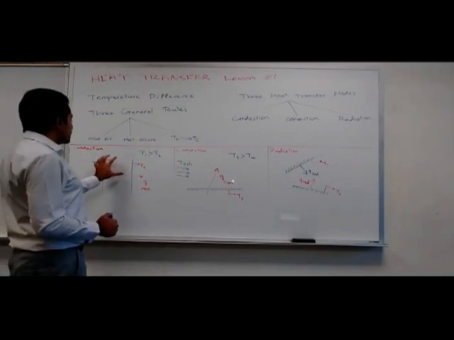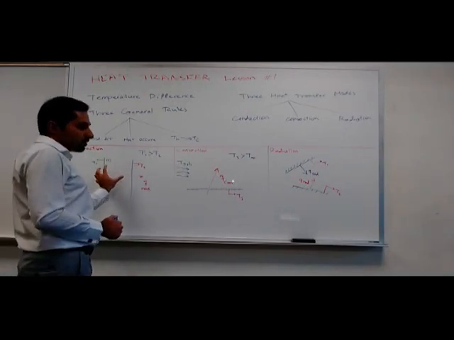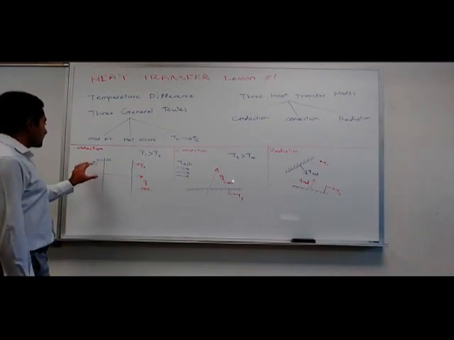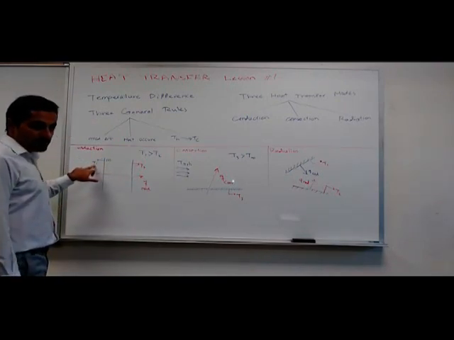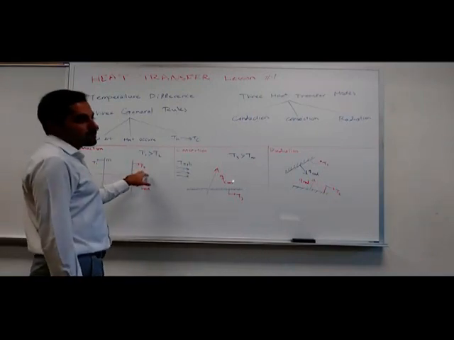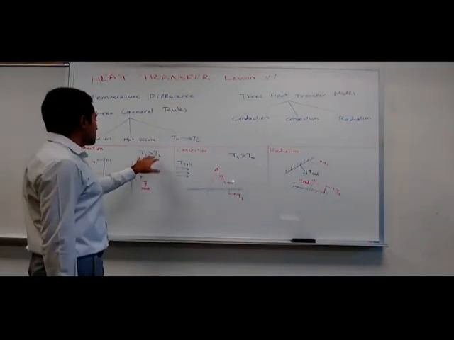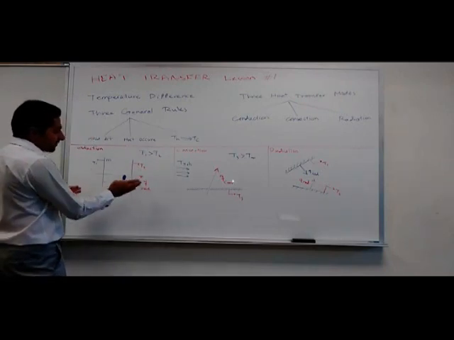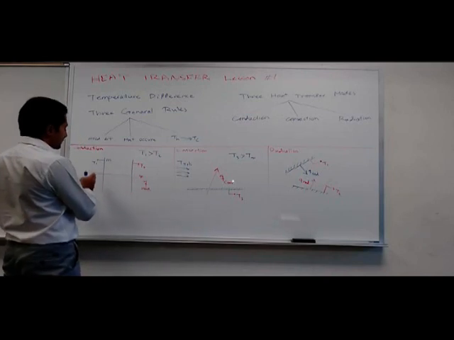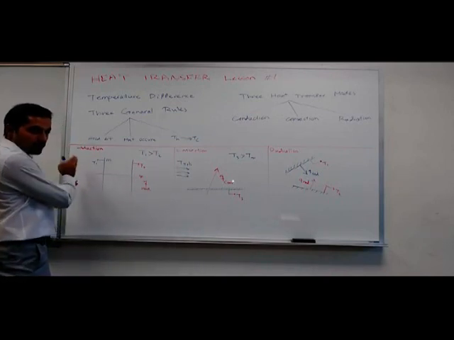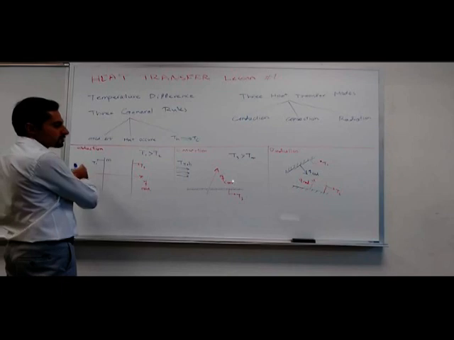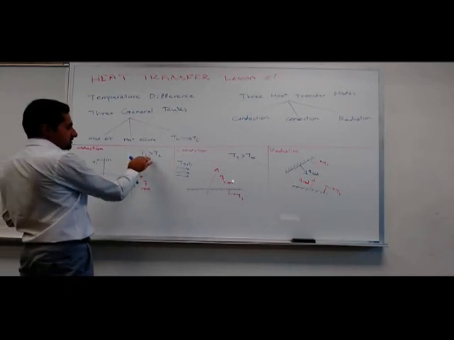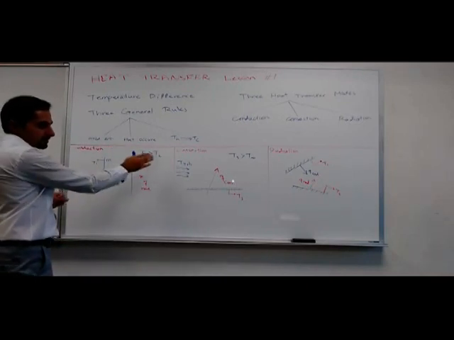If you have a wall, two walls, a medium, or two media, with a higher temperature at one boundary and a lower temperature at the other boundary, you would have conduction heat transfer from the hot source to the cold source. T1 should be greater than T2.